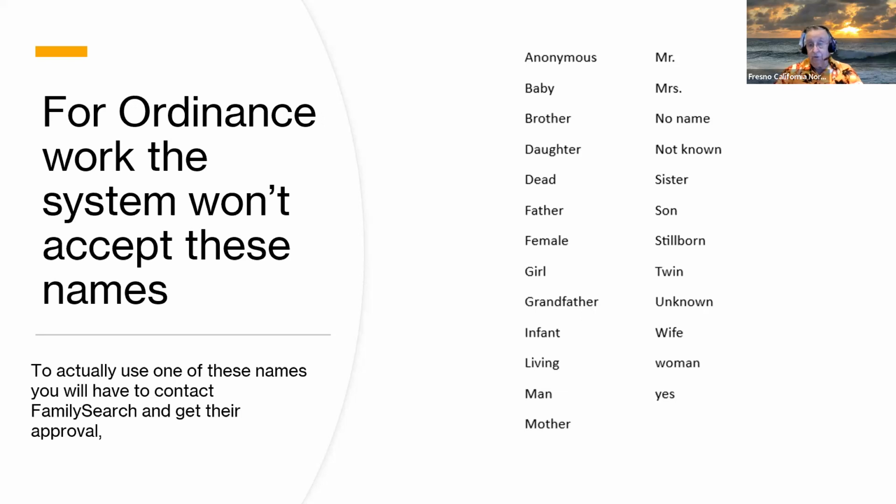And when we worked in Salt Lake in data quality, these are usually Oriental lines, they would have to submit the name they needed done to data quality if it had son in it, if that was the last name. We could create the card for the person and then send it to them so they could do the work, because the system just simply would not clear it for them. So try to leave out these kinds of words. There's actually more. I just picked the most common ones. But try to leave these out because the system won't accept them under normal circumstances.